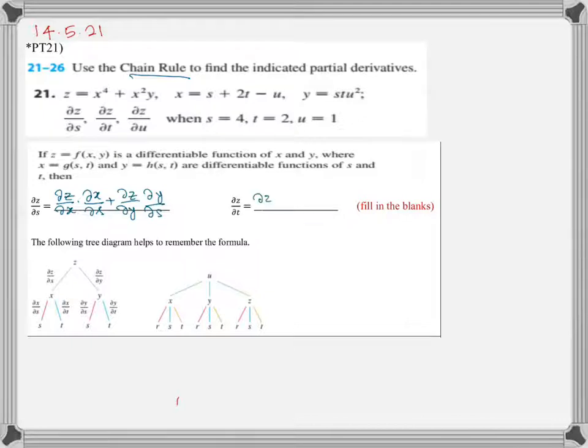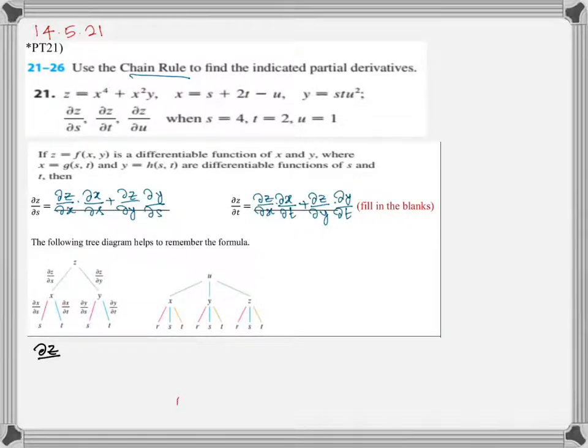And then ∂z/∂t is the partial derivative of z with respect to x times the partial derivative of x with respect to t, plus the partial derivative of z with respect to y times the partial derivative of y with respect to t.